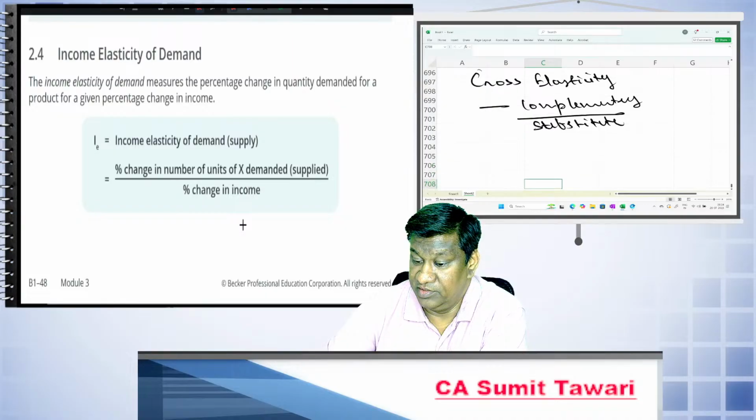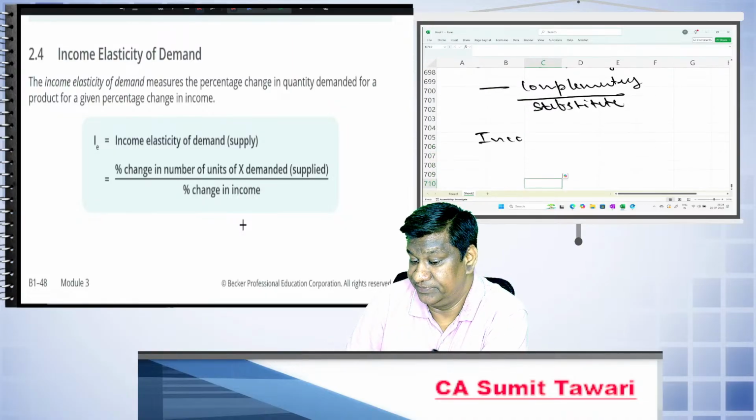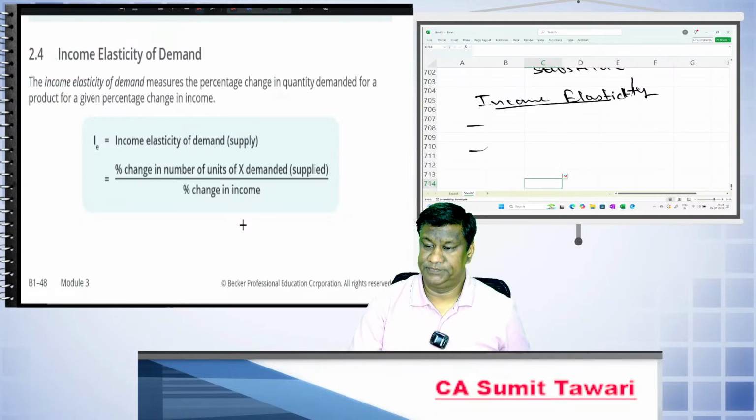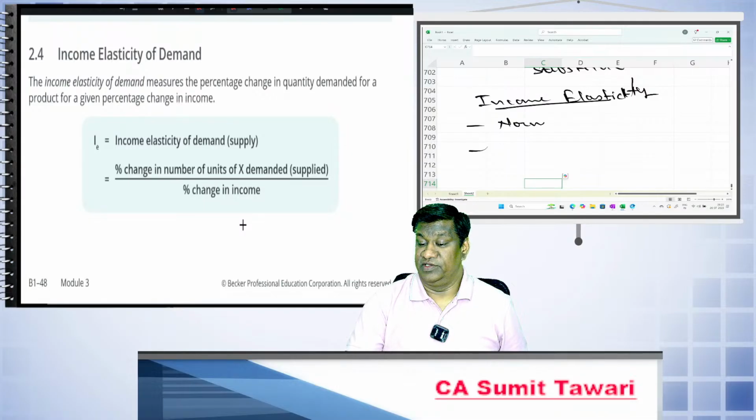Substitute. Okay. Then income elasticity. Why do we calculate the income elasticity? Any guess? We calculate whether, if the income increases, the quantity demanded of a particular product increases. To check the superior and inferior products, normal and inferior. Yeah.